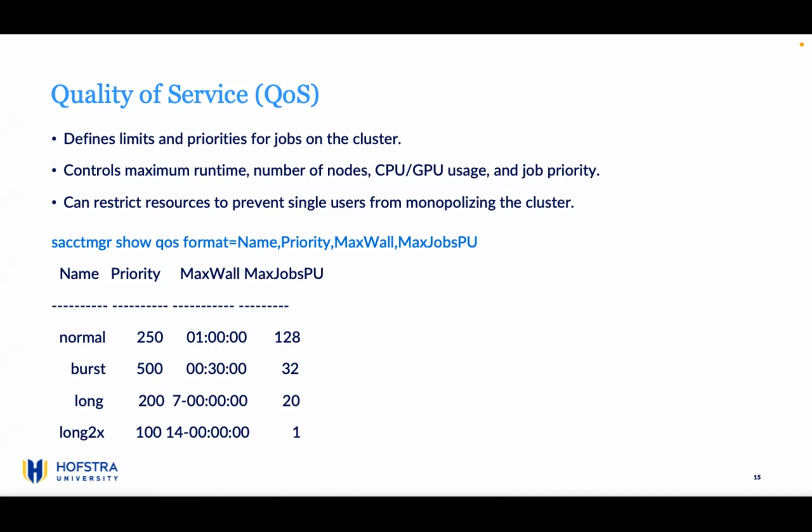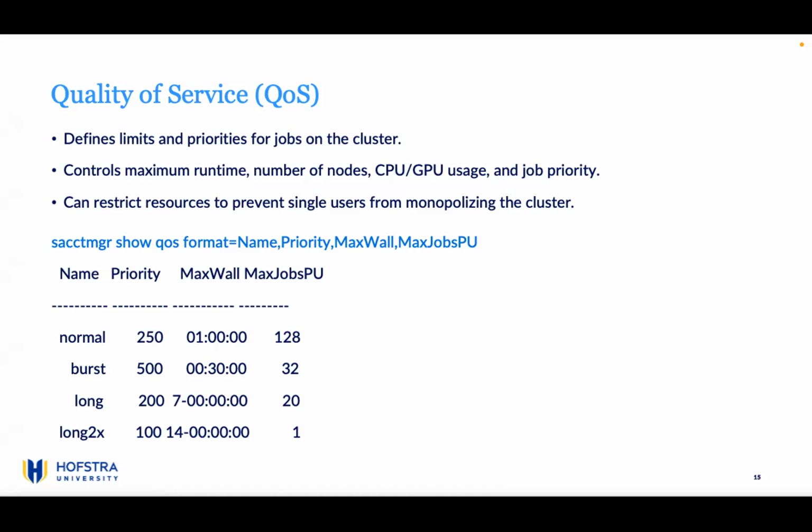You can run a task longer than 2 weeks, and to run it, you have to use the QoS named long double X. But you can ask why we can't use this QoS for every task. Yes, you can, but it means your task will have the lowest priority across all tasks in the cluster. So it's good to understand how much time you need for your task.